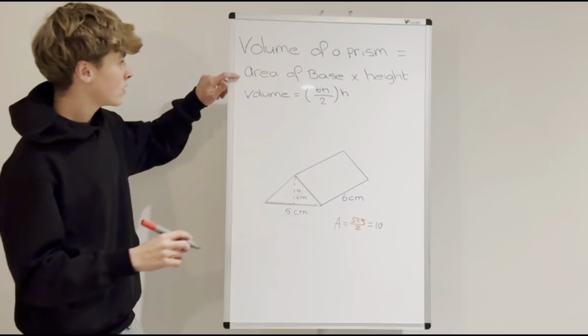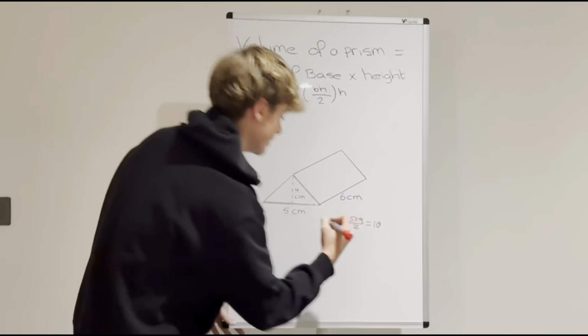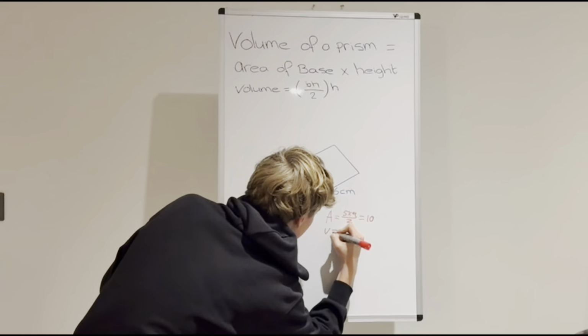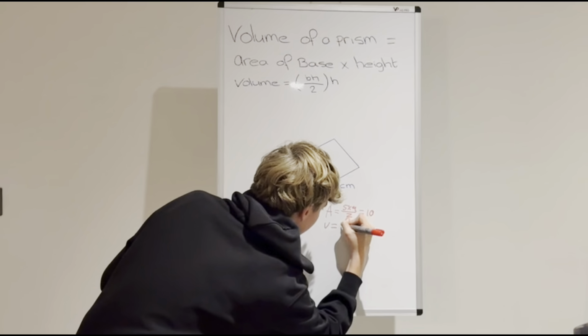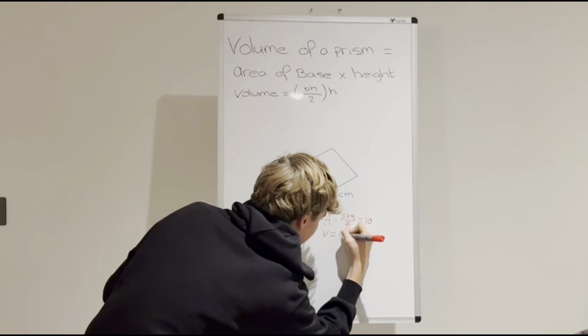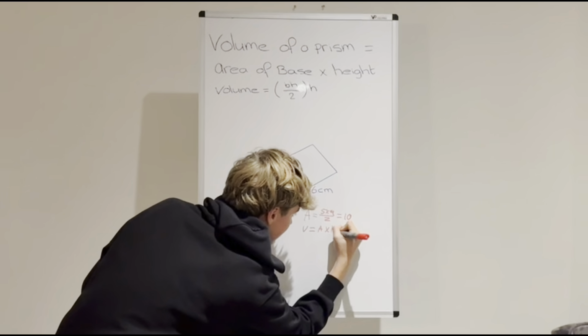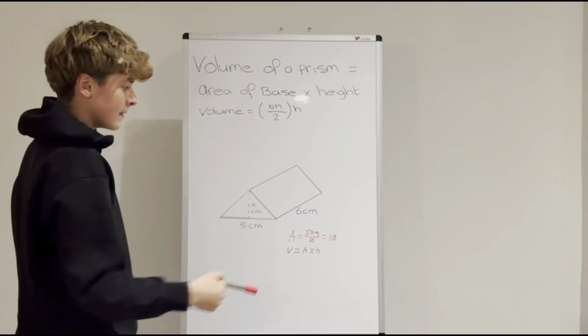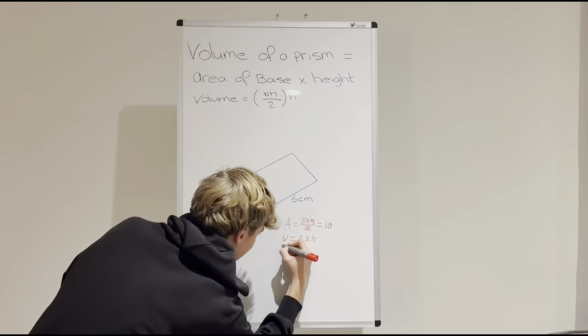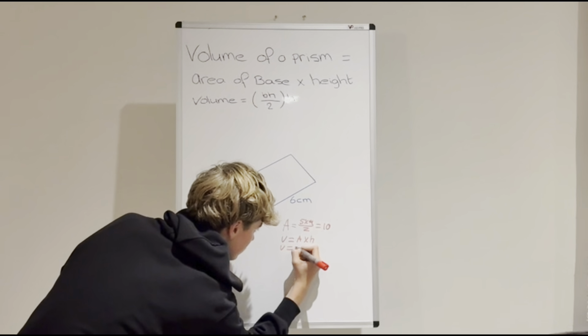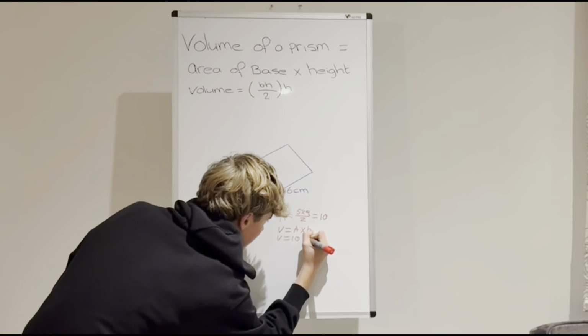So now that we know that, we can put that in our equation of volume equals area of base times height. Now that we know that the area is 10, volume equals 10 times height.